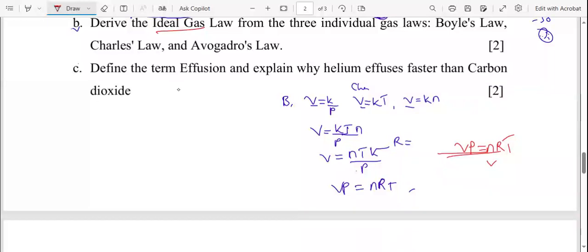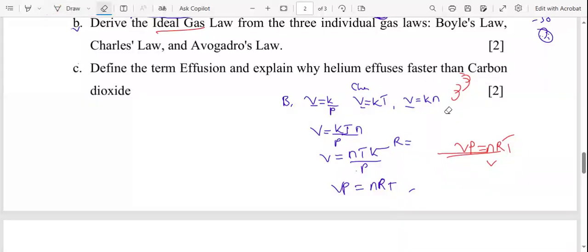Define the term effusion. We are defining the term effusion, and we will explain why helium effuses faster. Effusion is about diffusing through something faster.